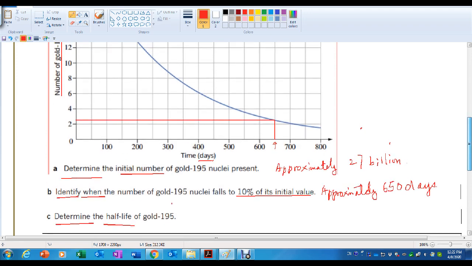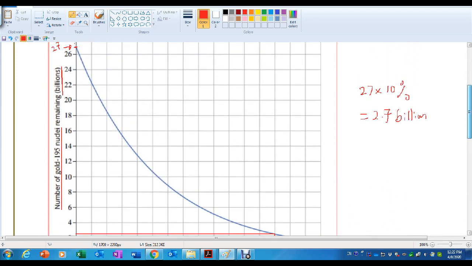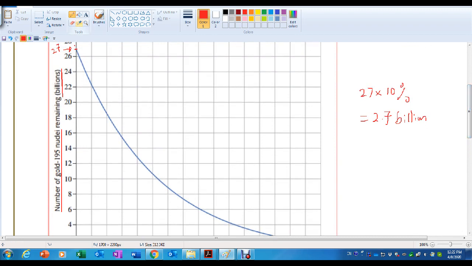Next, determine the half-life. So what's the half-life? The initial level is 27 billion. For the half-life, you need to calculate 27 times 1/2, which is 13.5 billion.